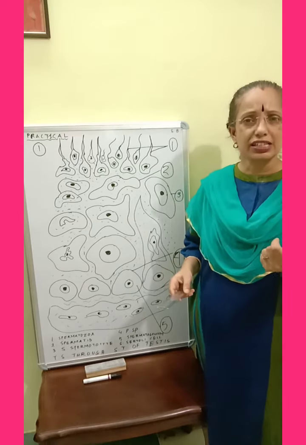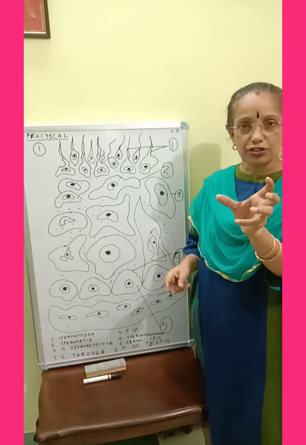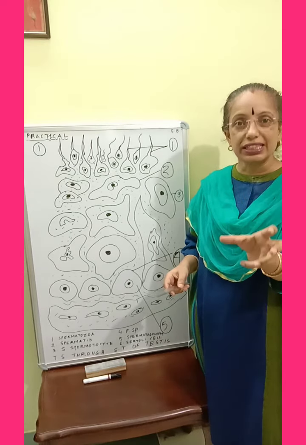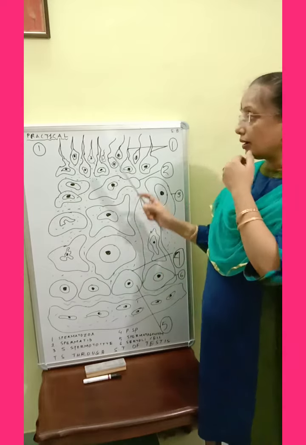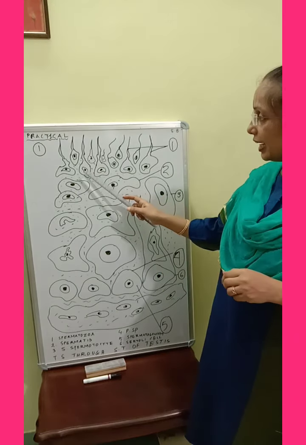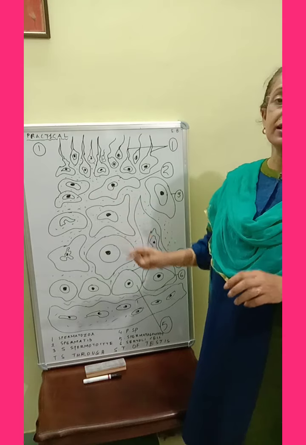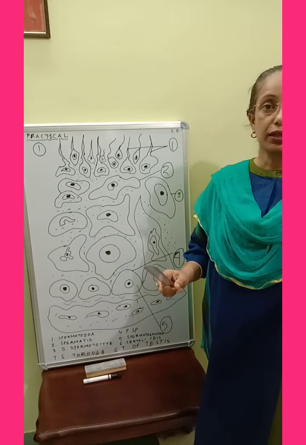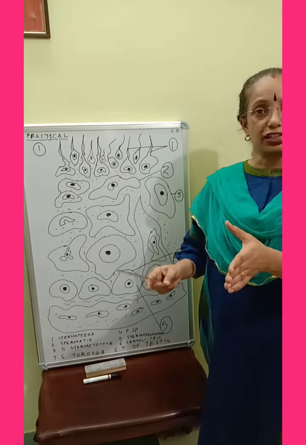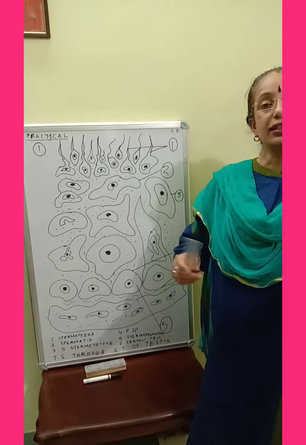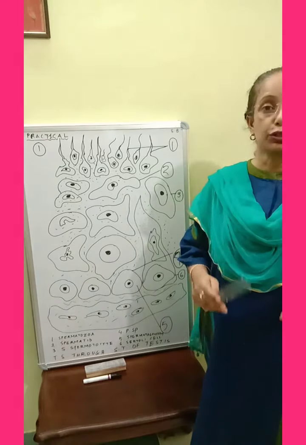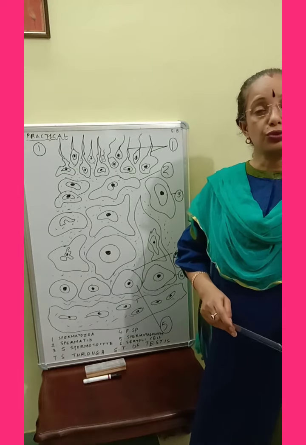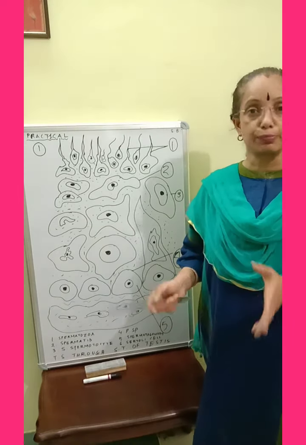So what changes it will undergo? The round structure spermatid having 23 chromosomes will ultimately become a sperm, having a tail, the head portion and the middle piece. So this transformation ultimately will happen, and this is the journey of sperm mother cell, spermatogonium, to spermatozoa or sperm.